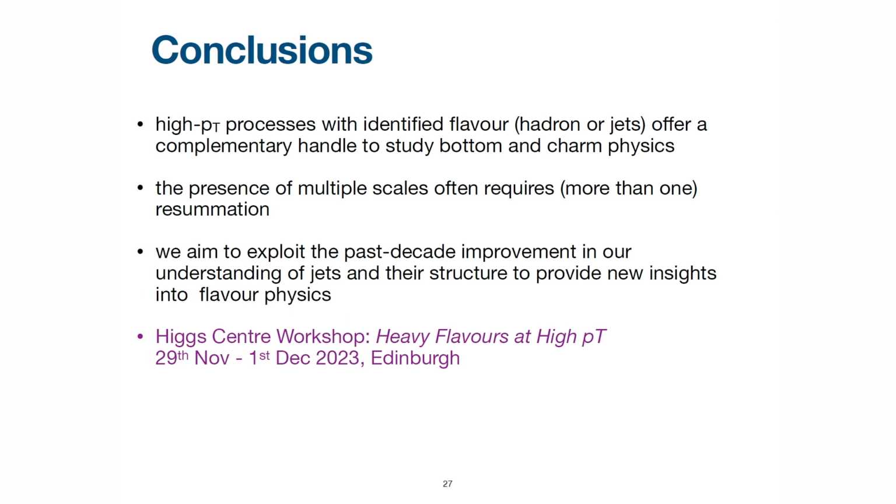So if the tagging is using some secondary vertex displacement, in that case, how big can this displacement be? Is it possible to really resolve this with the vertex detector? Maybe this is trivial and we have to sit down and work out the numbers, but this is a very technical thing. It's just maybe some food for thought.